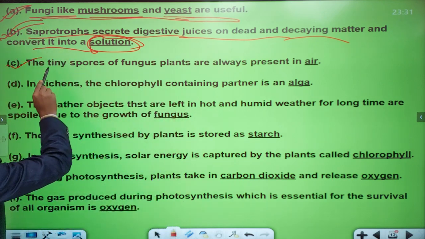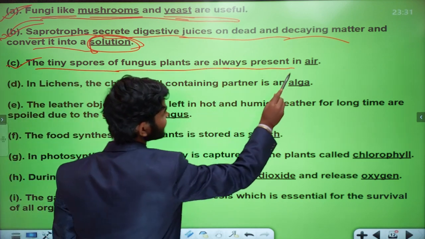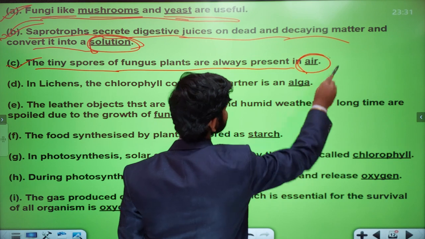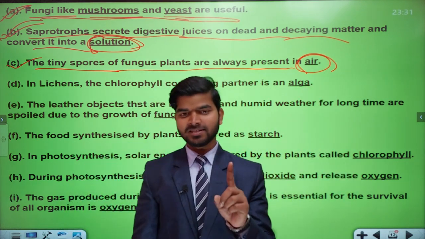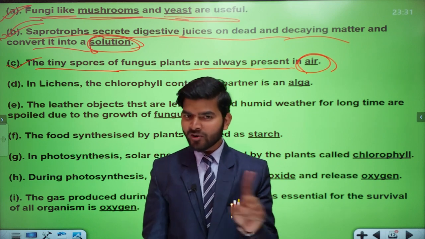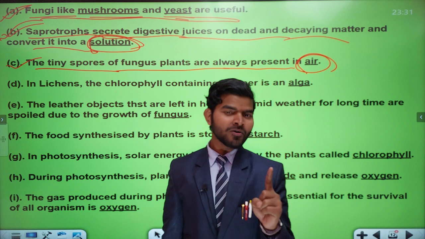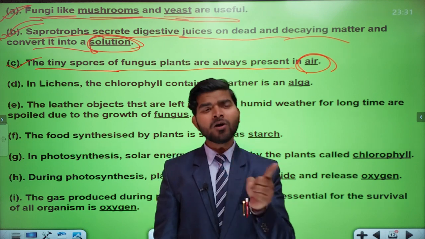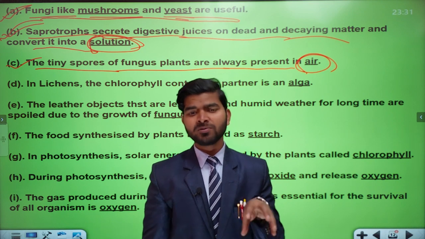Next, question number C. The tiny spores of fungus plants are always present in air. All right. I have taught you one activity. Boys, remember it, don't try to forget it. I have told you the concept of the activity, how fungus can be grown over a bread piece, a slice of bread.